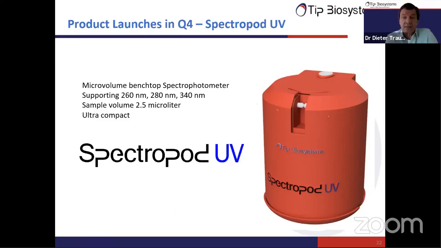This is a microvolume spectrophotometer, which only requires about 2.5 microliters of sample. It supports the wavelengths 260, 280, and 340, to measure nucleic acids, DNA, RNA, proteins, and 340 as a background correction.